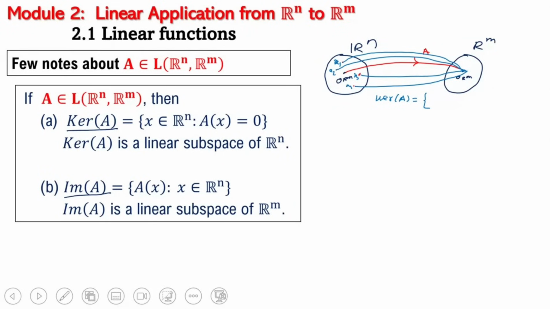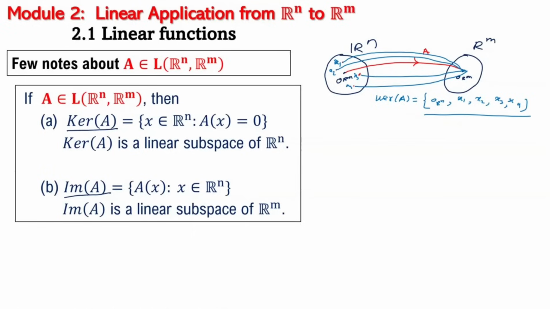then in this case the kernel of A will be all those entries which take the elements to 0 of the other space. So it will be 0 of Rn, which obviously goes to 0, and x1, x2, x3, x4. These are all the entries that go to 0, and they are known as the kernel of A. The definition says that the kernel of A is all x belonging to Rn such that Ax equals 0.